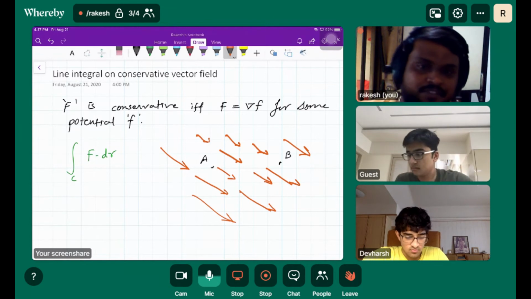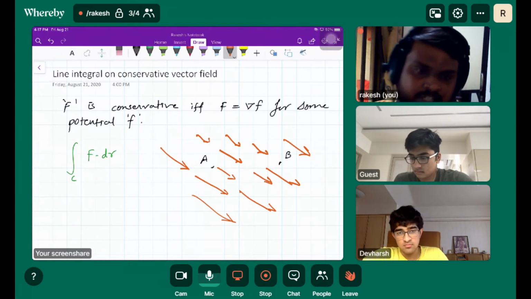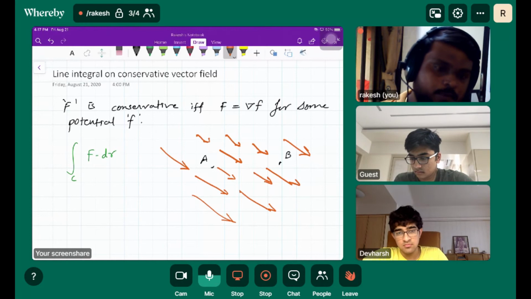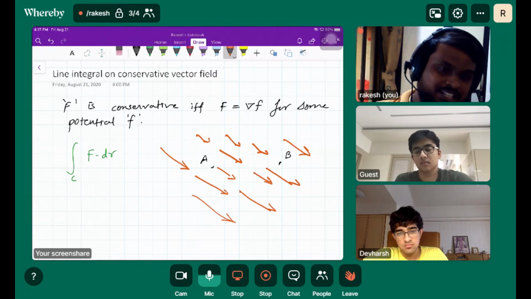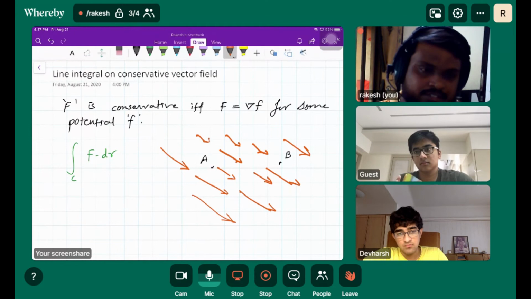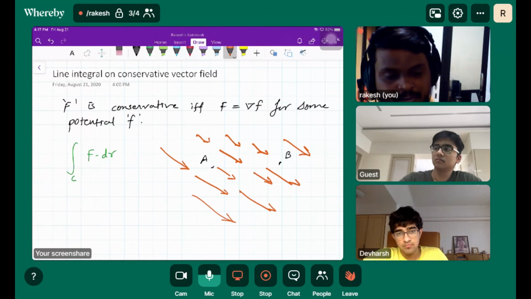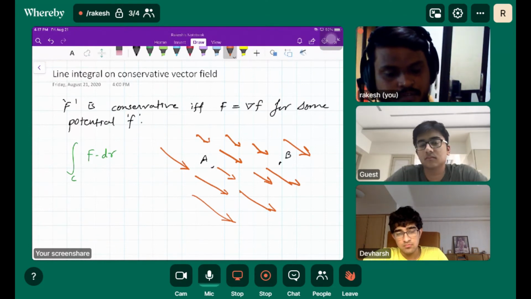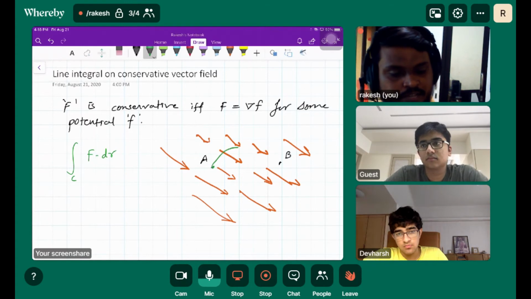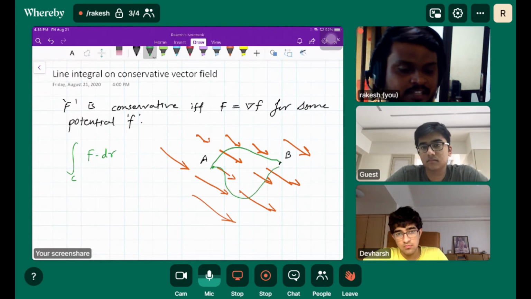So work has to be done if we want to move a particle from A to B, right? But if the vector field is conservative, one of the properties of a conservative vector field is that it is independent of the path. Okay, means whatever path we choose to move a particle from A to B, how many paths are there?